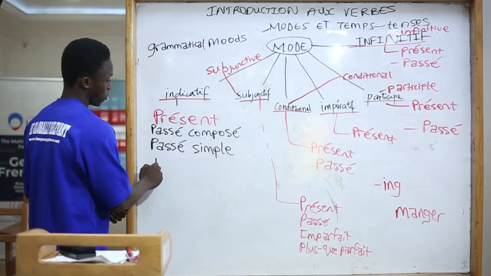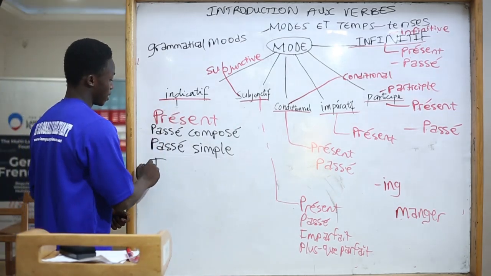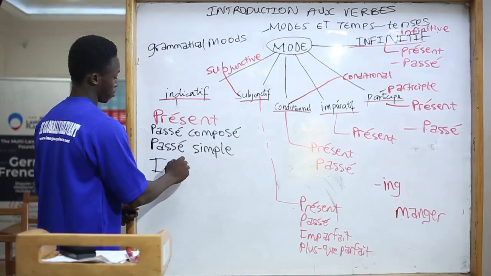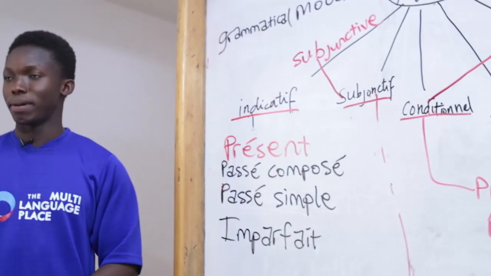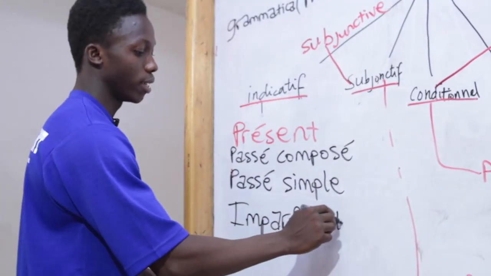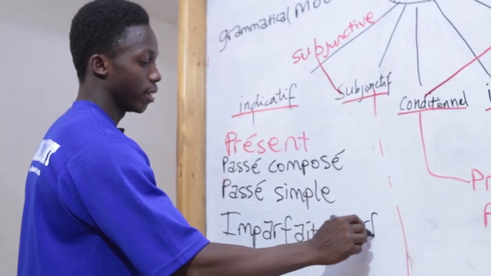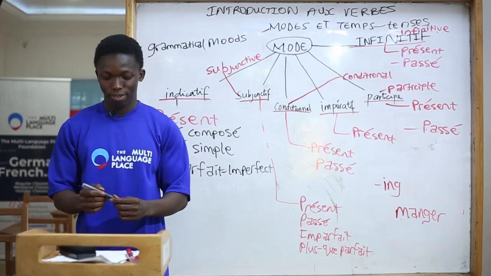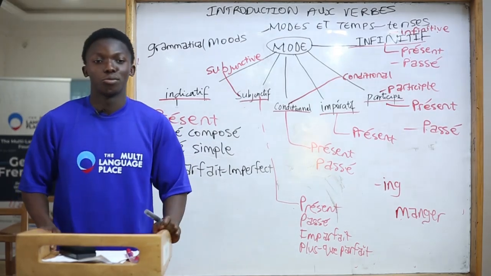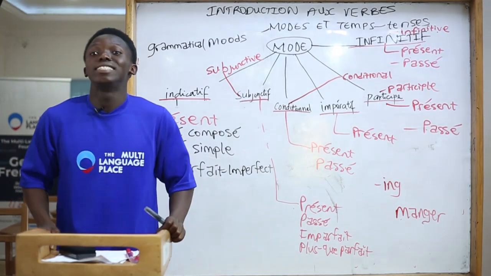Another tense that we have under indicative as a mode is imparfait. Now this translates to imperfect tense. Yeah, this exists in English. It's used to express unfinished events in the past.